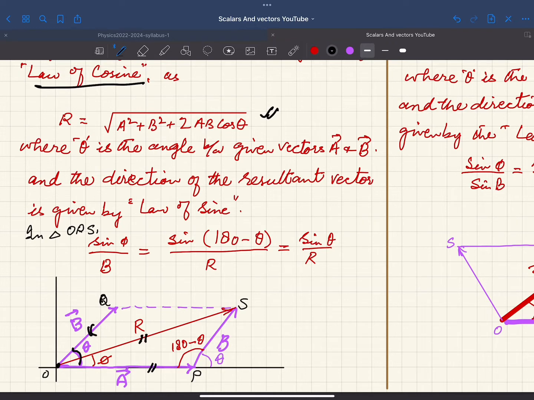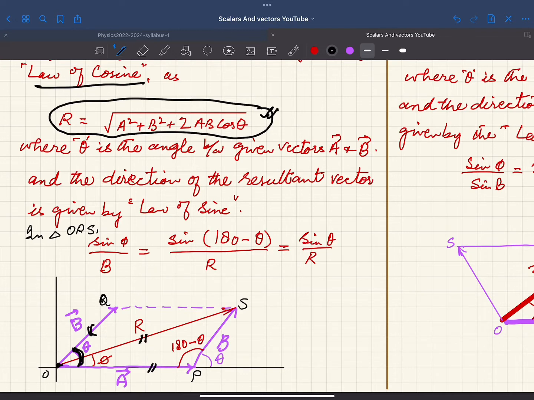I am not going into the derivation of this formula. We can do it, but for the time being it is not important. This formula you have to remember, but remember this point as well, that this formula is valid when two vectors are drawn in such a way that their tails are coinciding, and of course the angle theta is in between them.